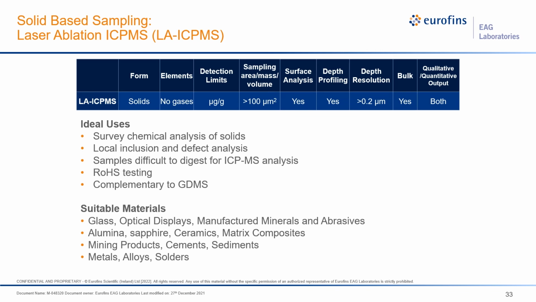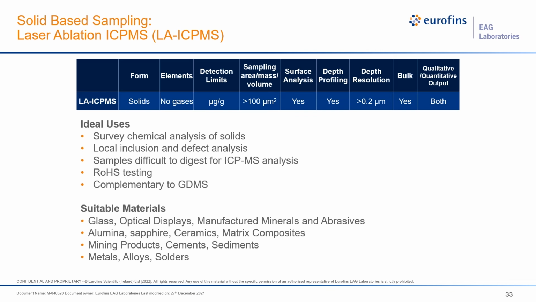So its ideal uses are for chemical analysis of solids for full survey. It really is excellent for near surface local inclusion and defect analysis, or samples that are difficult to digest for ICP-MS analysis.